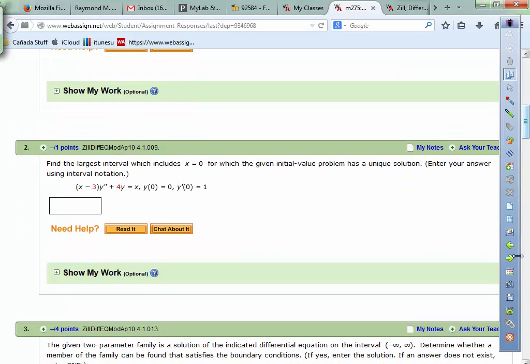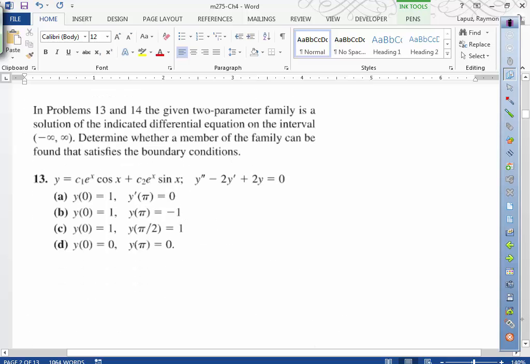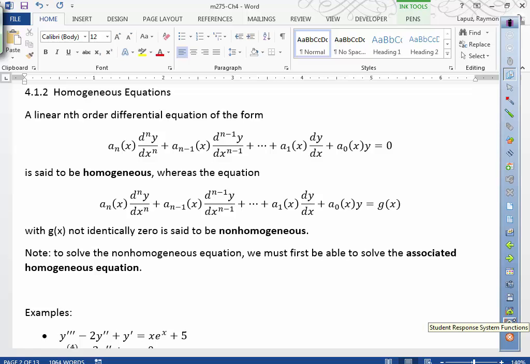Okay. Let's go on to homogeneous equations. Wait, we did homogeneous already, didn't we? Yeah. So there's an unfortunate overuse of a term here. This homogeneous is different from the homogeneous that we learned earlier.